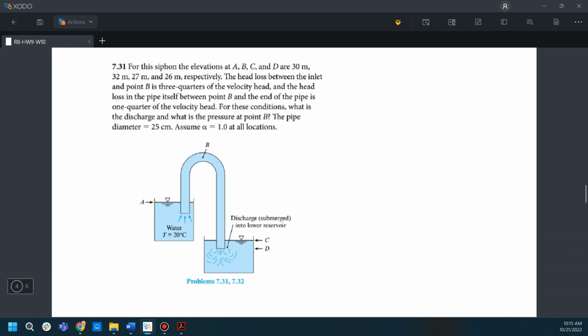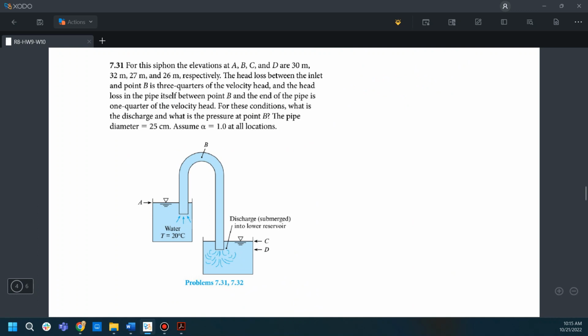Okay, move on to the next one. In problem 7.31 for the siphon, the elevations at A, B, C, and D are 30. Okay, so let's write it down.